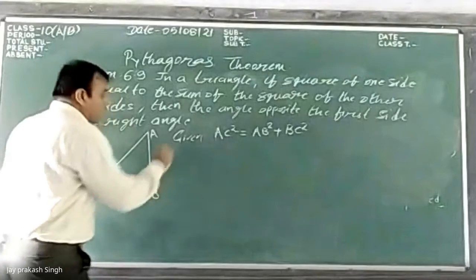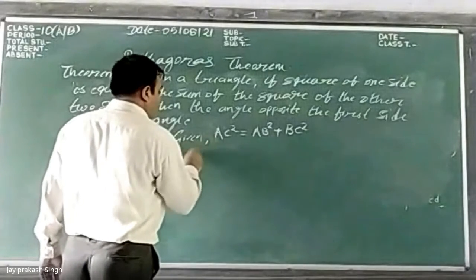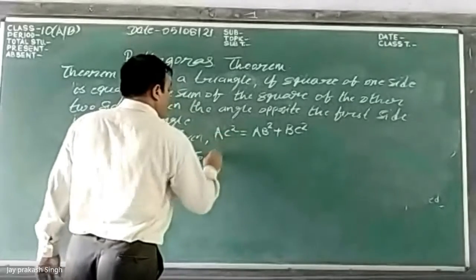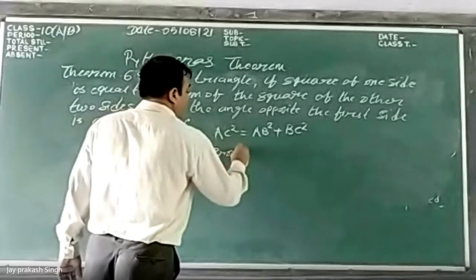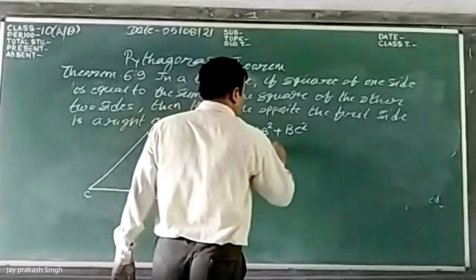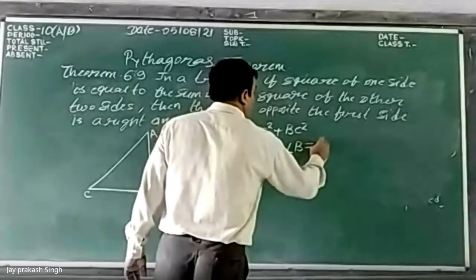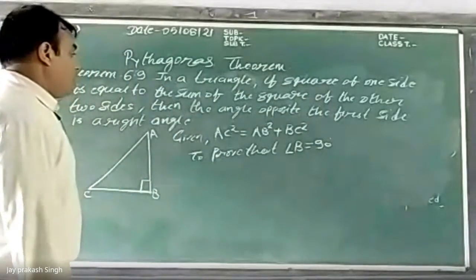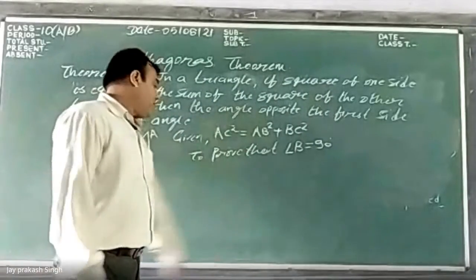To prove that, we have to prove that angle B is 90 degrees.